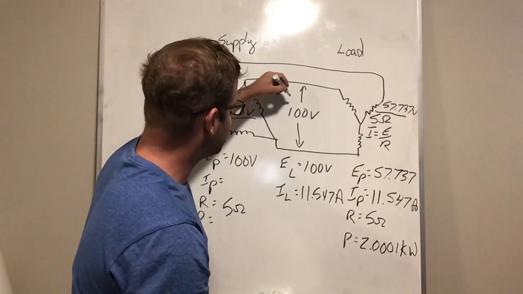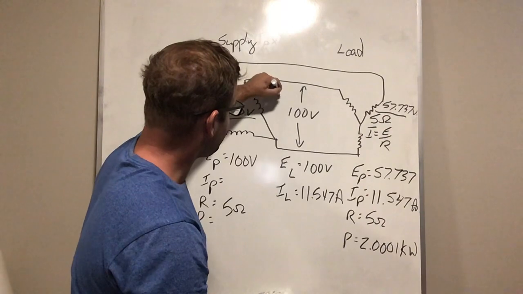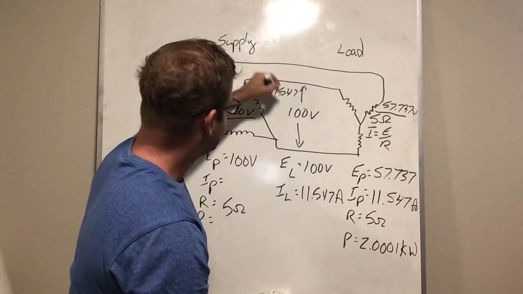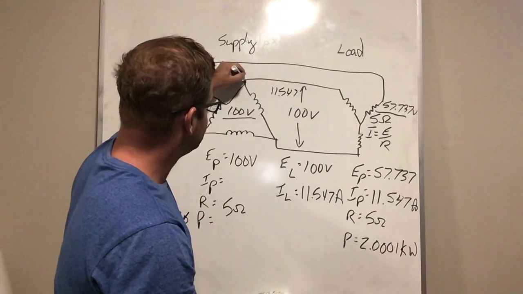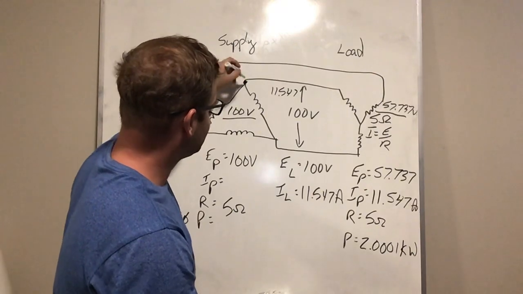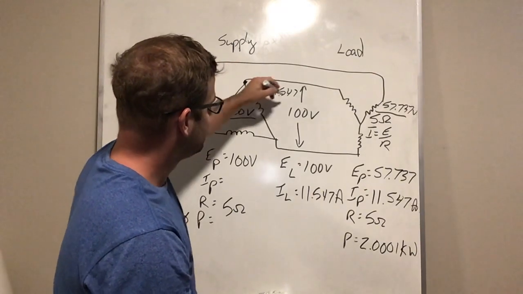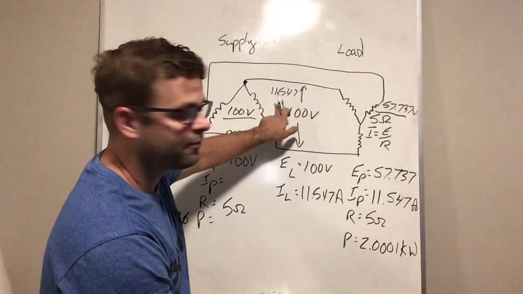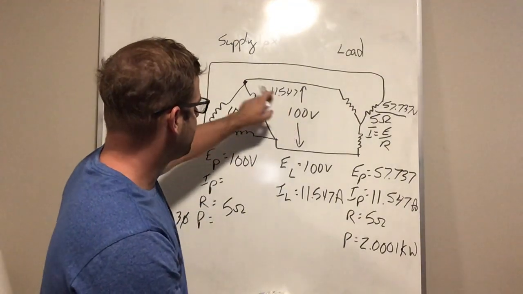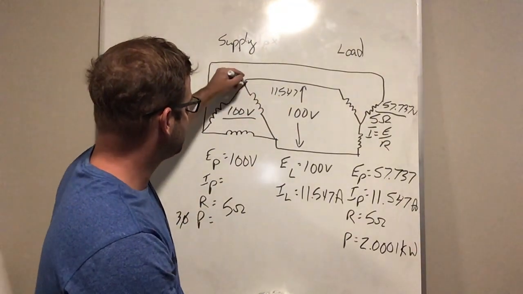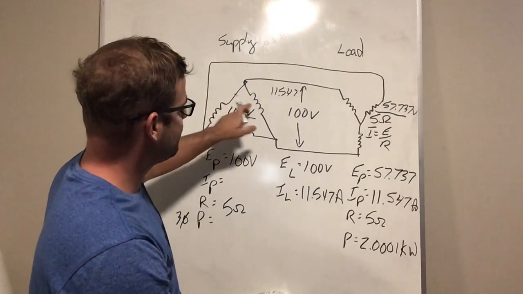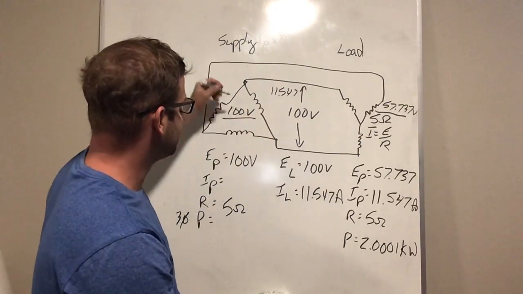So if I have 11.547 amps seen in my line, that means that at this node here at the terminal of my supply, I have 11.547 amps. But when I come to my supply, what makes up that 11.547 amps?